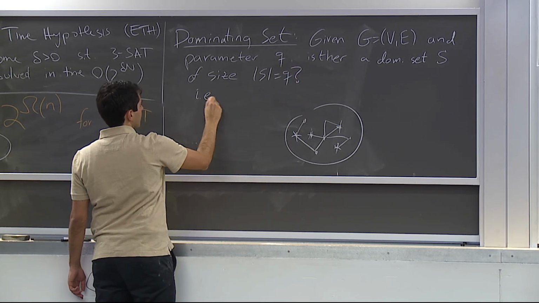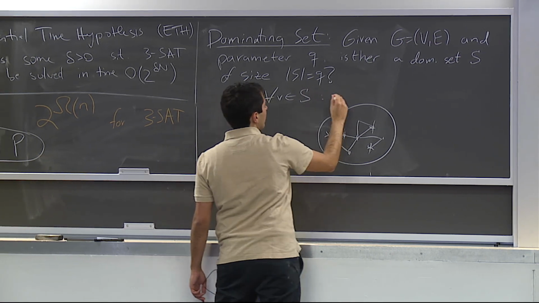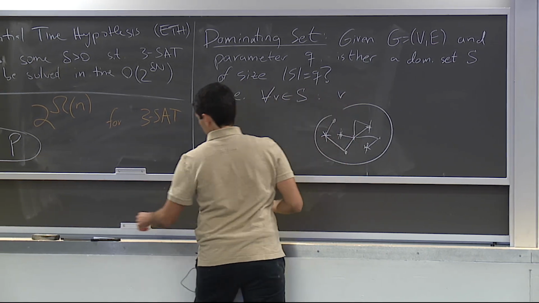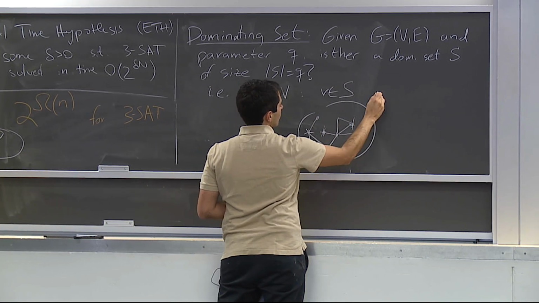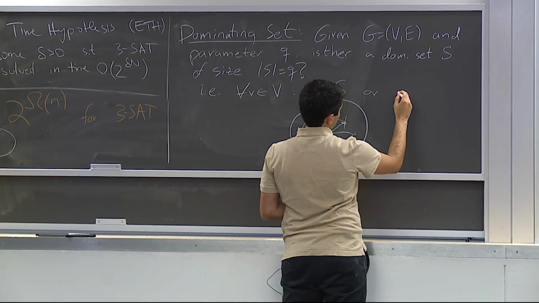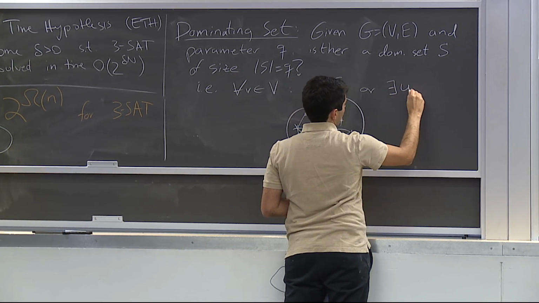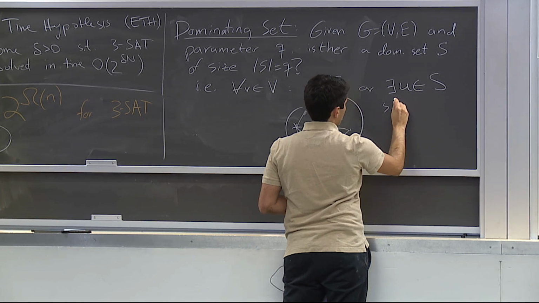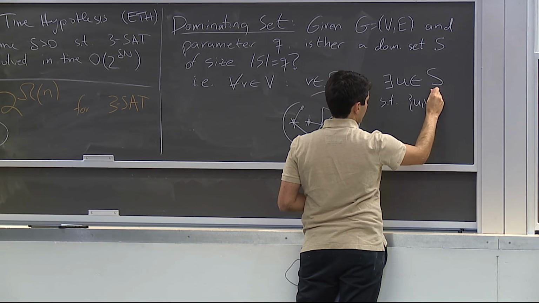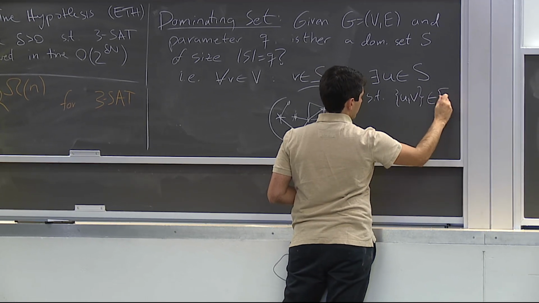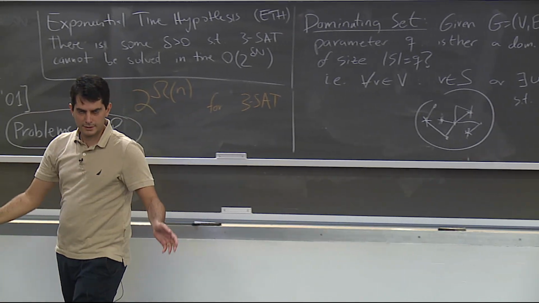Again, the definition is that every node in the graph is either in the set or there's a neighbor in the set. So there exists a u in the set.